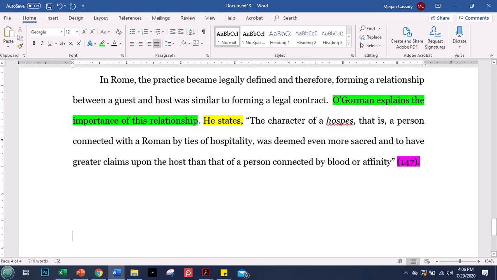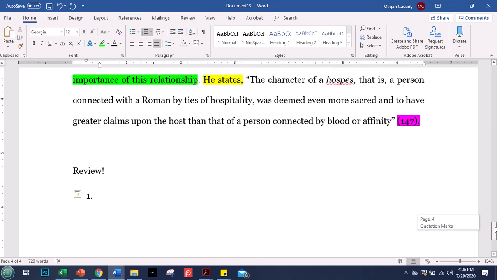So let's review what we've learned. Now it's in a different font. I don't know why. I'm sorry, guys.